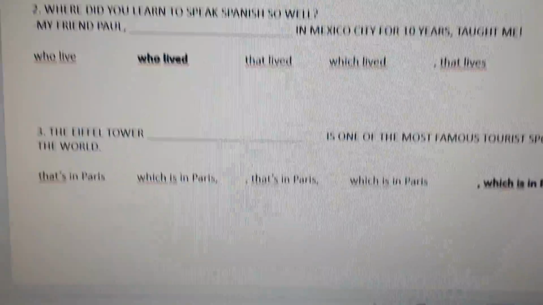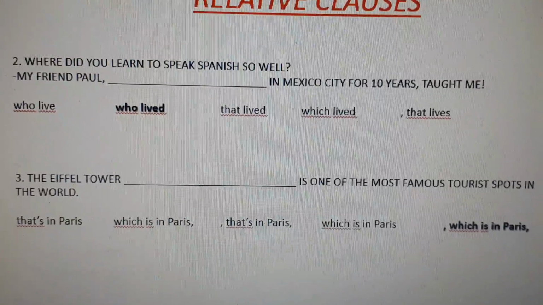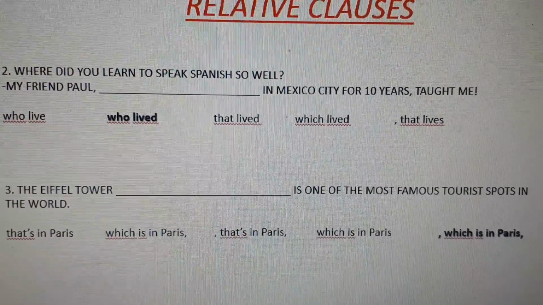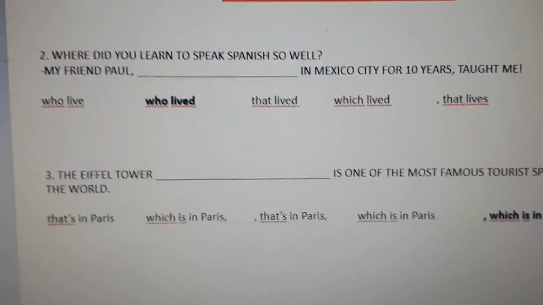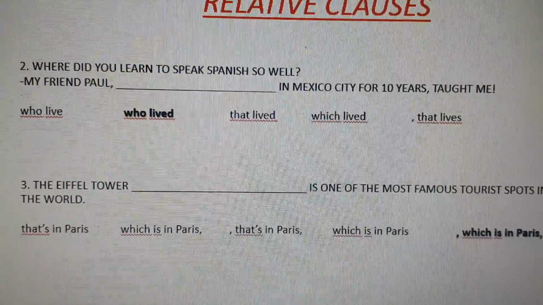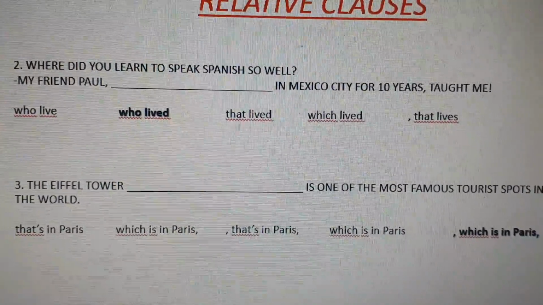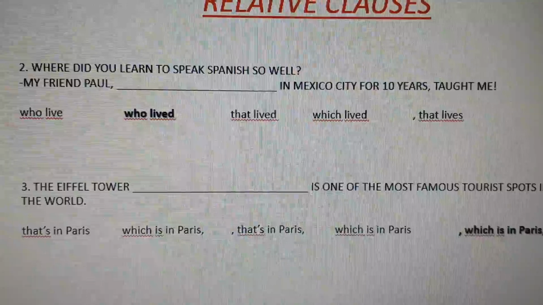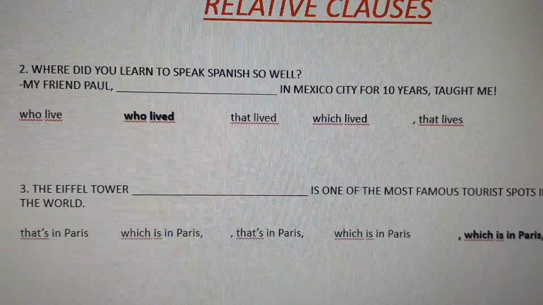Let's see more examples. It says, where did you learn to speak Spanish so well? My friend Paul, who lived, it's simple present, and we're talking about a past action. Nope. Who lived, that lived, which lived, that lives. That lives, no, because it's in simple present, and this is past. So, o sea, quien vive, quien vivió.